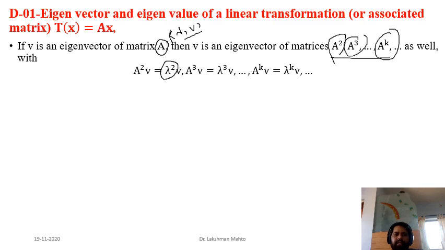So lambda square and V would be the eigenpair for A square. That means lambda square is the eigenvalue of A square and V is the eigenvector of A square. In a similar process, lambda^k is the eigenvalue of A to the power k, and V is the eigenvector of A to the power k.